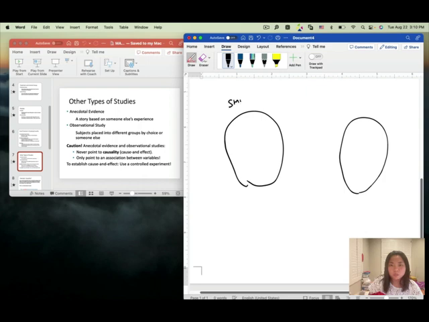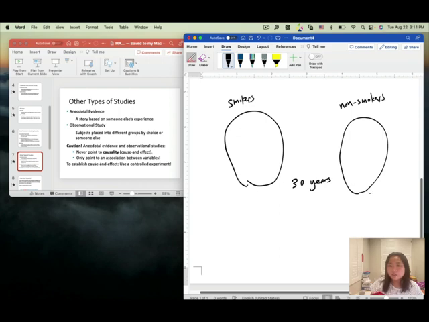One group is the smokers and one group is non-smokers. I will have a whole bunch of people in these two groups. Observational means I only observe these two groups of people. We don't attempt to do any treatment. I only observe them, maybe for 30 years.